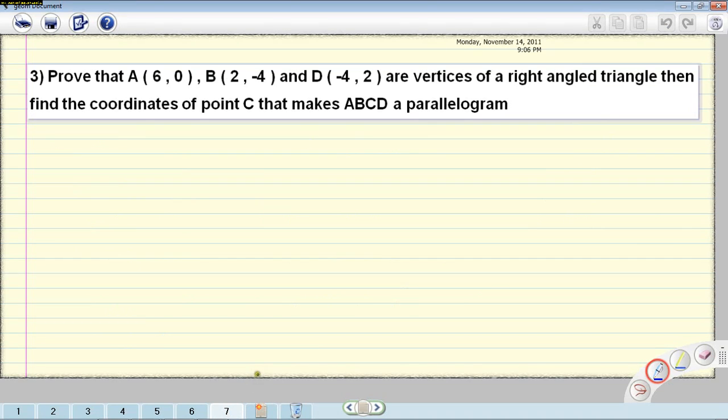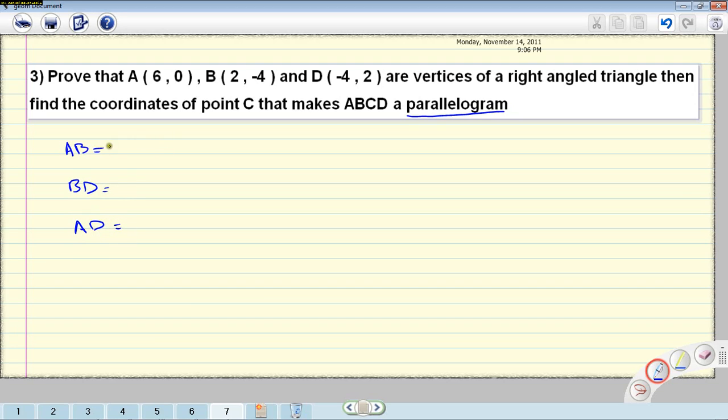The last question, prove that A, B, and C are right vertices of right angle triangle and find the coordinate of point C, which makes ABCD a parallelogram. I changed the question, it's a parallelogram, I'm sorry. So to prove that a triangle is a right angle triangle, I'm gonna get three distances. I'm gonna get AB, BD, and AD.